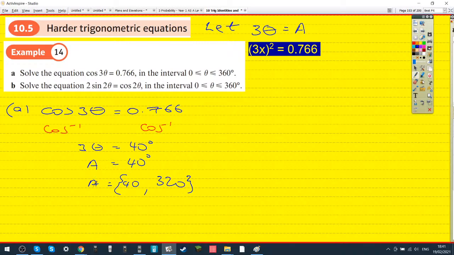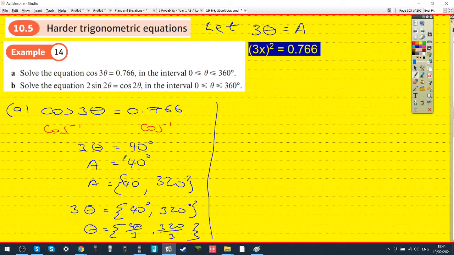Now we change it back. We let 3 theta be equal to A, so 3 theta is 40 and 320. And so what is theta? Divide everything by 3, and you get 40 over 3 and 320 over 3.